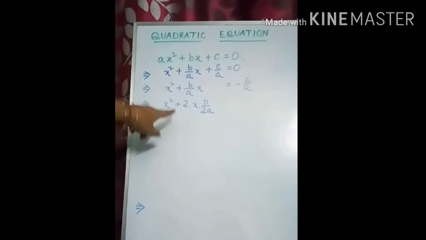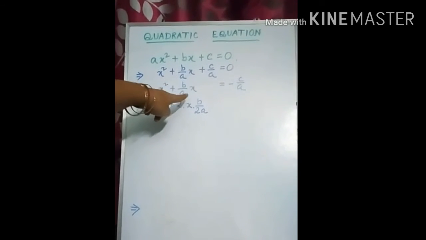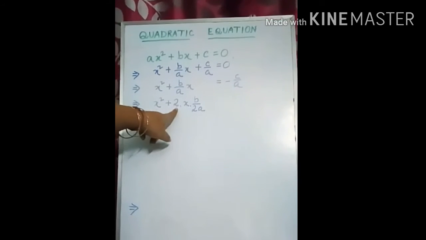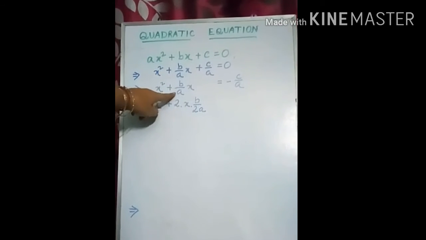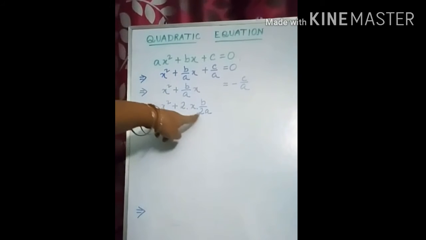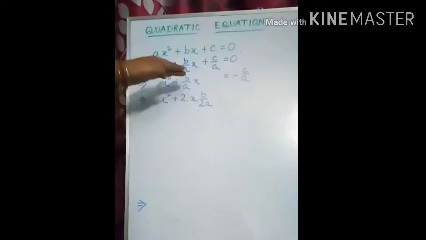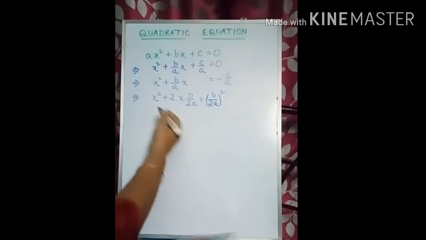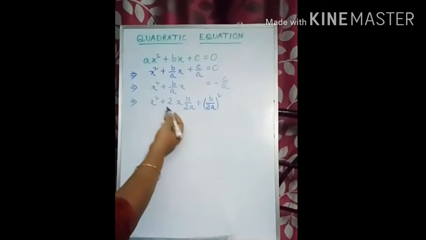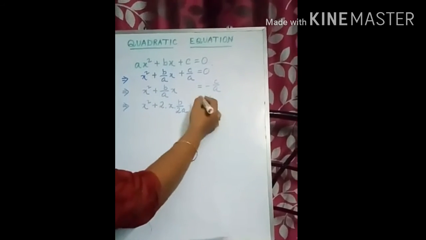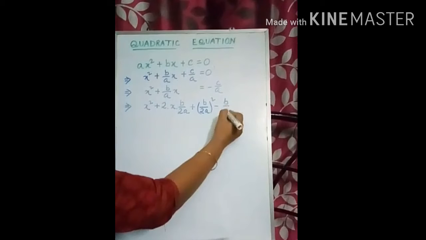So in the upper line, x is there, coefficient of x is b by a. So to balance it, I am writing here extra 2 multiply 2, so in the denominator, this coefficient, with this I will multiply 2. So it is balanced with the upper line. Okay, a square plus twice ab plus b square part is this. So this part is extra, so that extra part we have to remove.